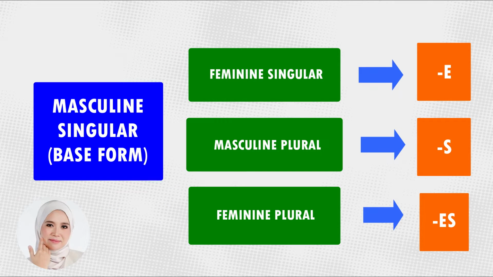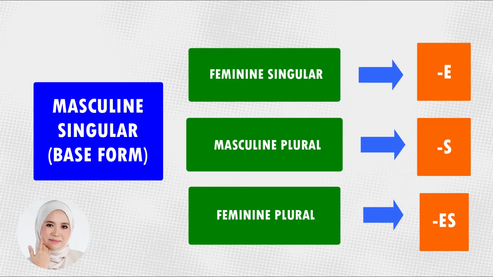You have the masculine singular, the base form of the adjective. To make it feminine singular, you add E to this base form. When you add S, it becomes masculine plural. When you add ES, it becomes feminine plural.